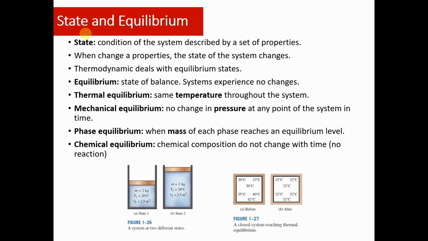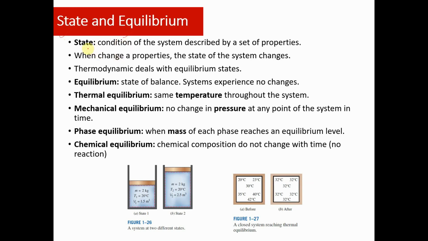Another concept that we need to understand is the state and equilibrium. Imagine a system not undergoing any change. At this point, all the properties, including temperature, mass, volume, and so on, can be measured or calculated throughout the entire system, which gives us a set of properties that completely describe the condition, or the state.